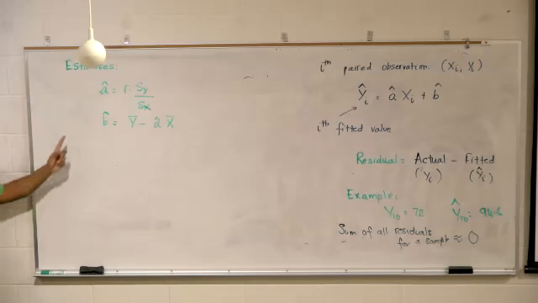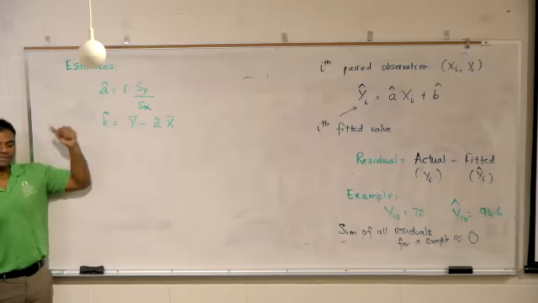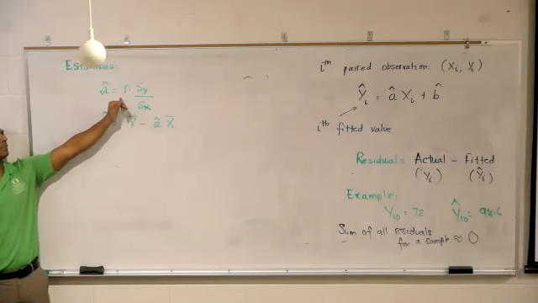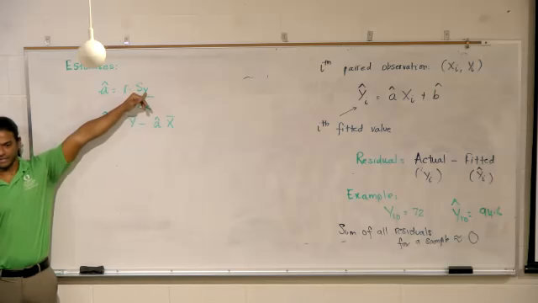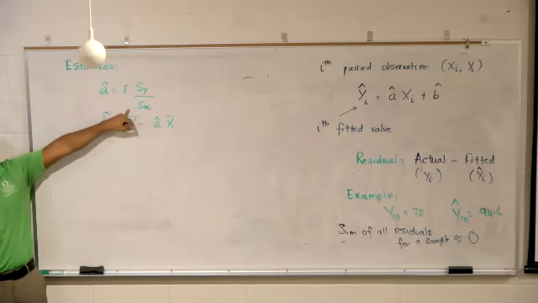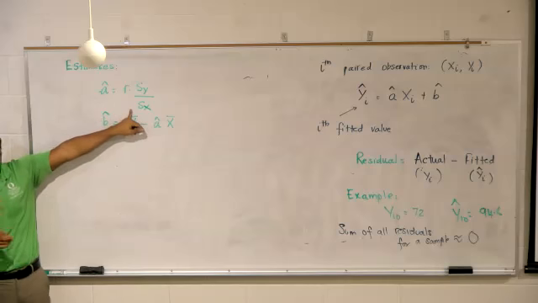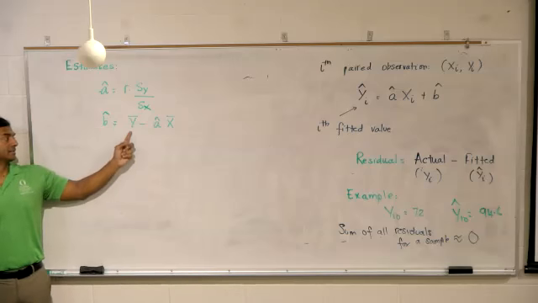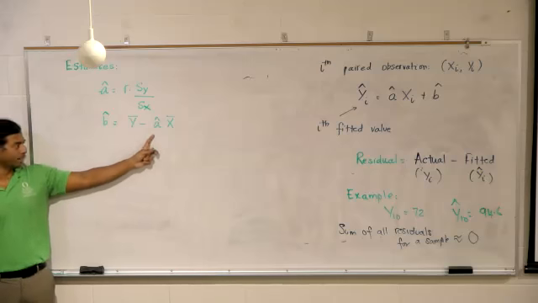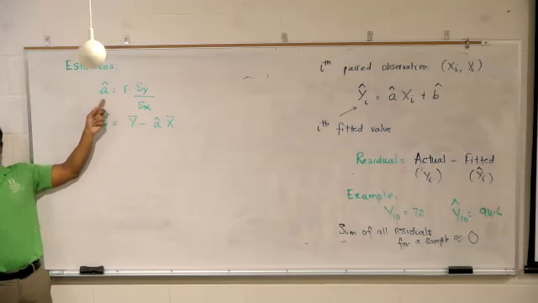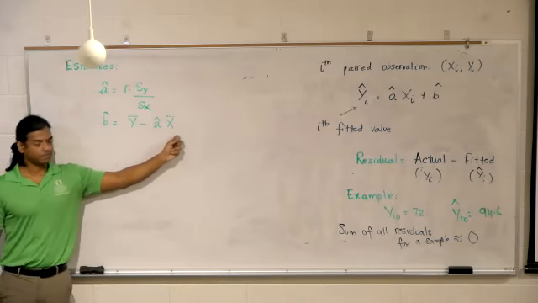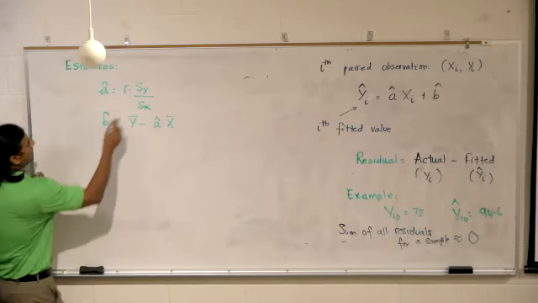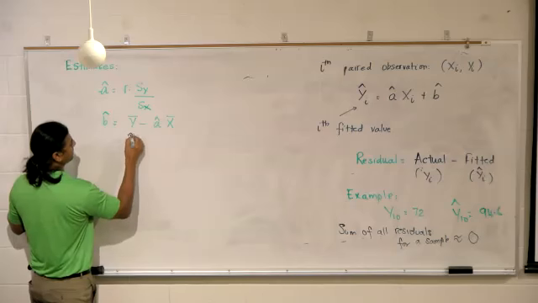Standard formula, the estimate for the slope is simply the value of r, which we know how to find, multiplied by the standard deviation of y divided by the standard deviation of x. The estimate for b is the mean of y minus the value that you estimated for a multiplied by the mean of x. Is it hard to find any of these?